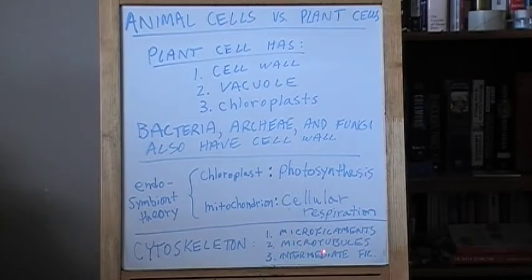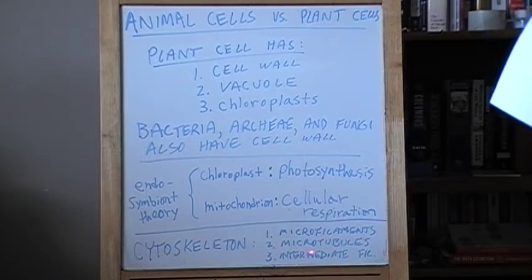Microtubules are composed of tubulin, and the intermediate filaments have a number of different proteins, and they tend to be very fibrous proteins and also proteins that coil up and form a kind of coiled coil structure.